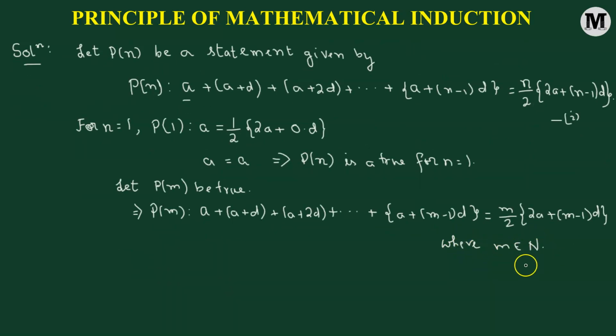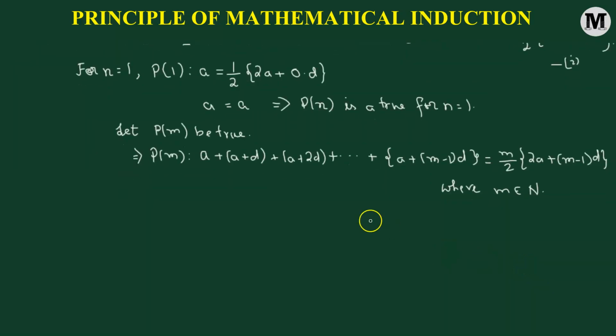Fine. Now, if Pm is true, then we are going to check whether its next consecutive natural number, which is m plus 1, is true or not. In other words, our goal will be to verify that the statement P of m plus 1 is true. This also holds true.